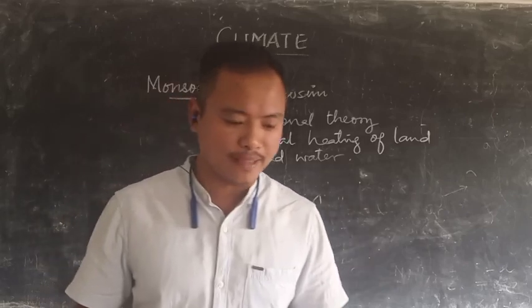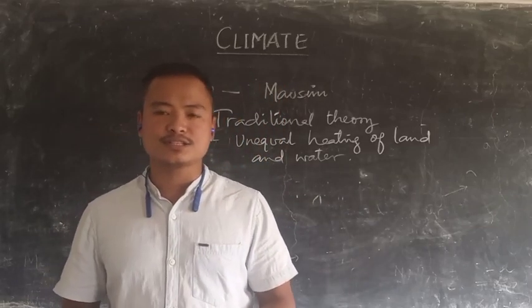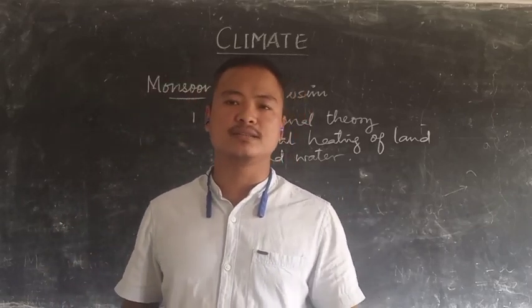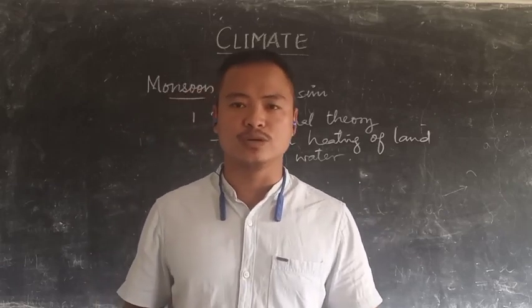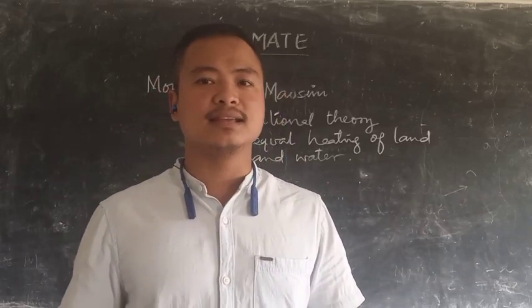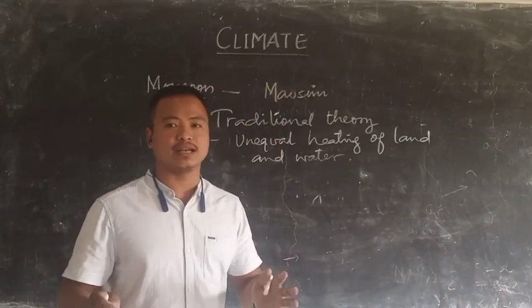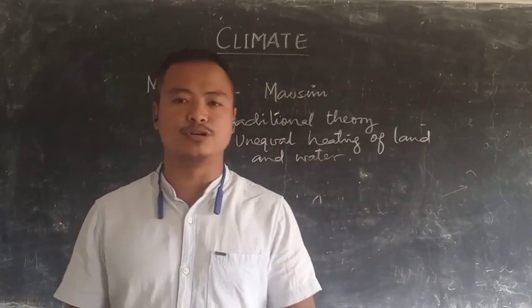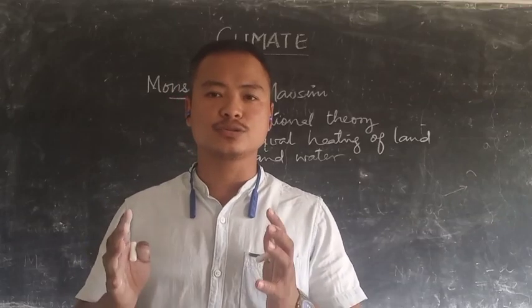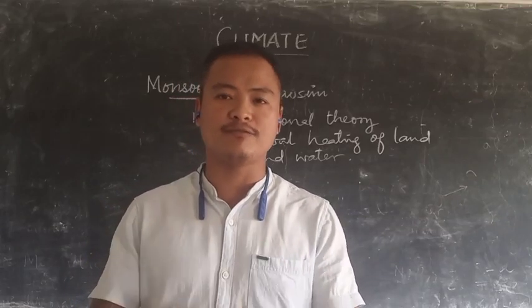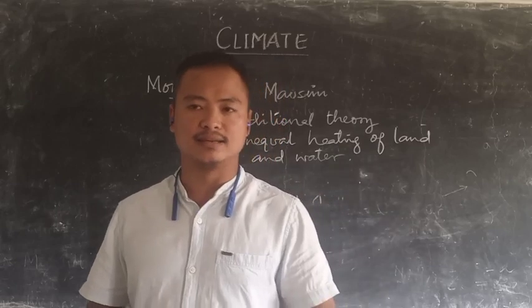But this traditional theory of formation of monsoon was criticized on the ground that only unequal heating of land and water cannot generate such an enormous amount of moisture and wind to generate such heavy rainfall in a country like India.